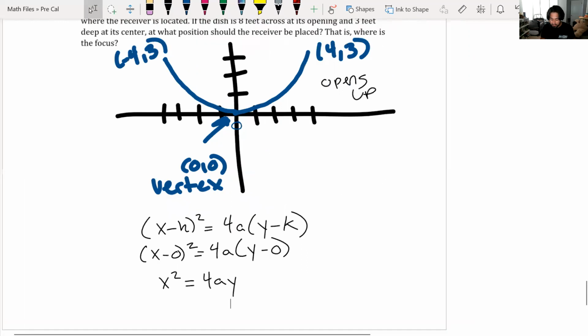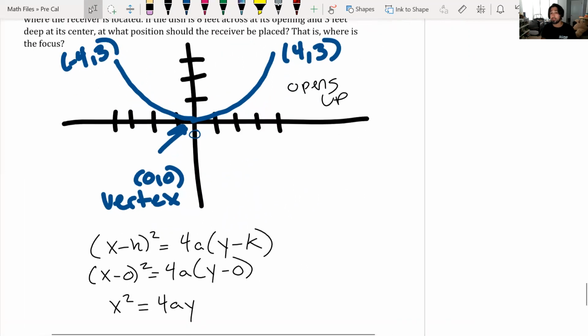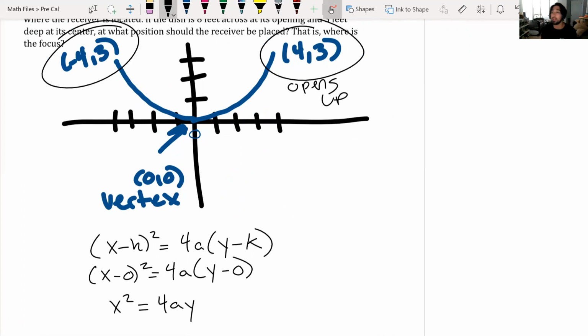And that answer is yes. We have actually two X and Y values. So in order to solve for A, we can plug in 4, 3, or we can plug in negative 4, 3. It does not matter which one you use. So let's just choose 4, 3.